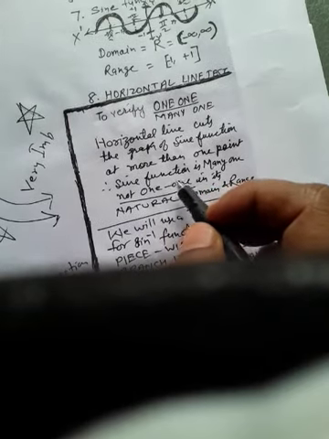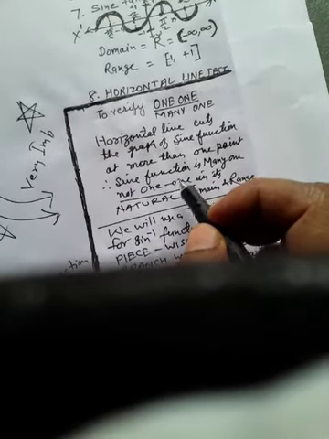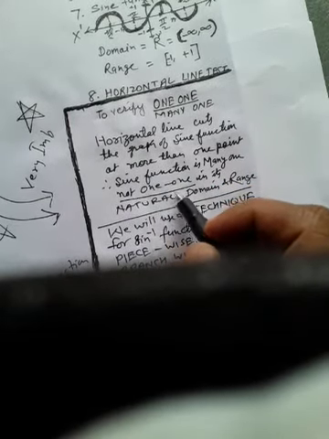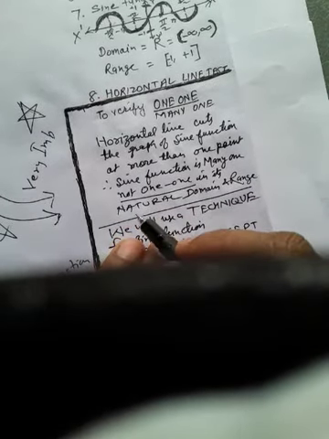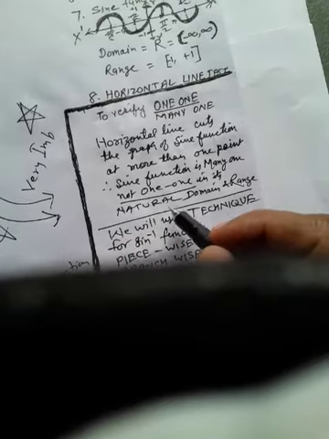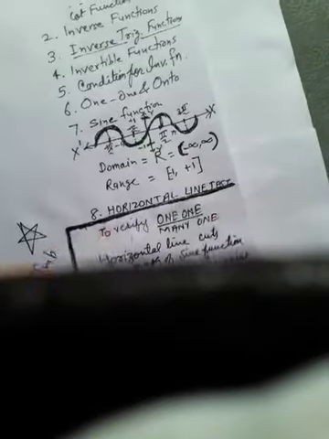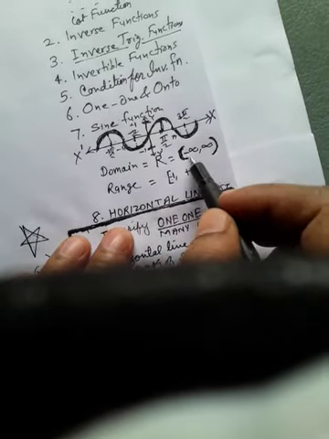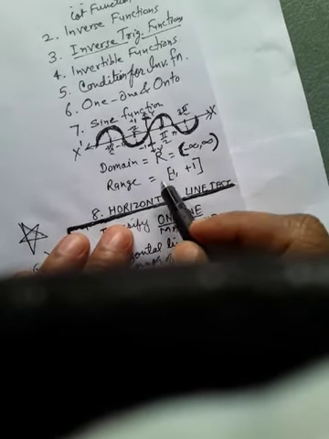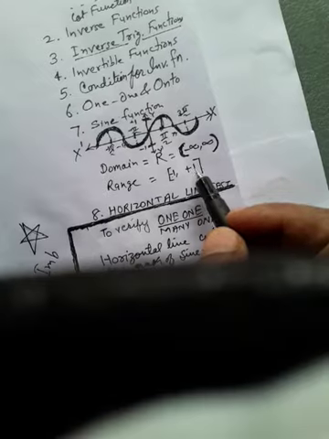Therefore the sine function is a many-one function. It is not one-one in its natural domain. The natural domain is real numbers, minus infinity to infinity, and the range is -1 to +1.